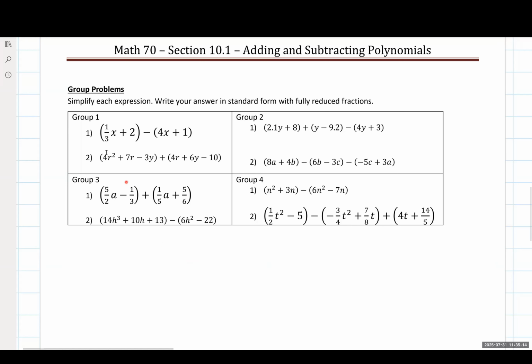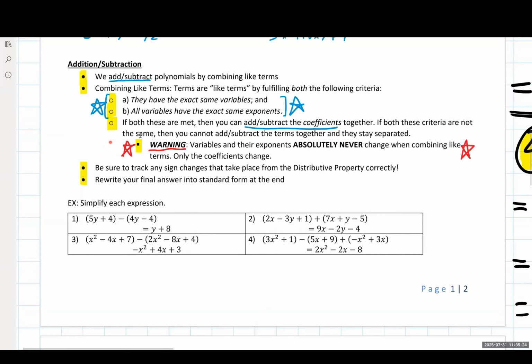The coefficients in front do not change whether or not we have like terms. Remember, like terms are based on having the exact same variable and the variables having the same exponents. If those criteria are met, then we add or subtract the coefficients together.